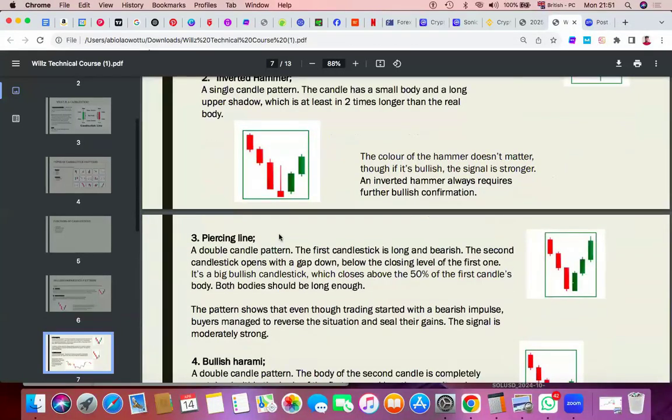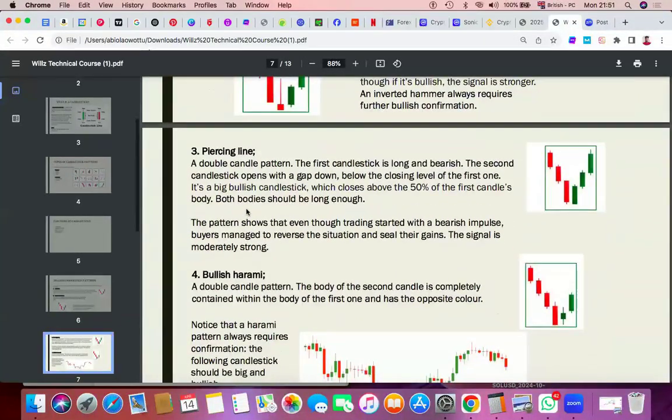So we have this third one, which is the piercing line, a double candle pattern. The first candlestick is long and bearish. The second candlestick opens with a gap down below the closing level of the first one. It's a big bullish candlestick, which closes above 50% of the first candle's body.